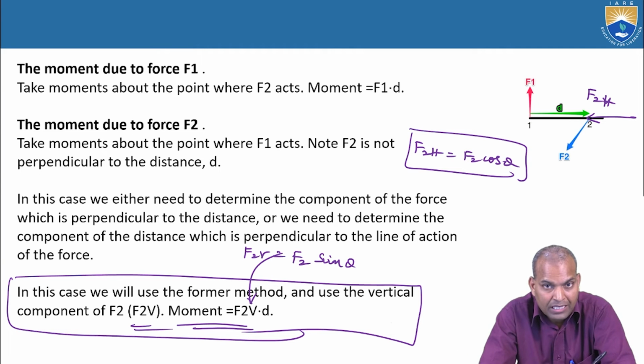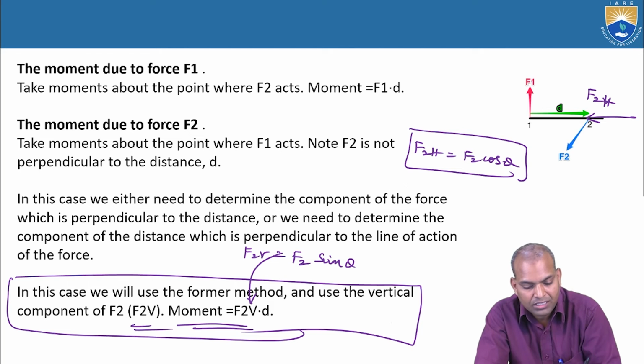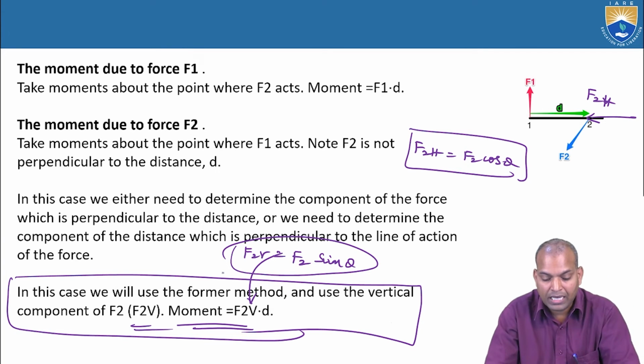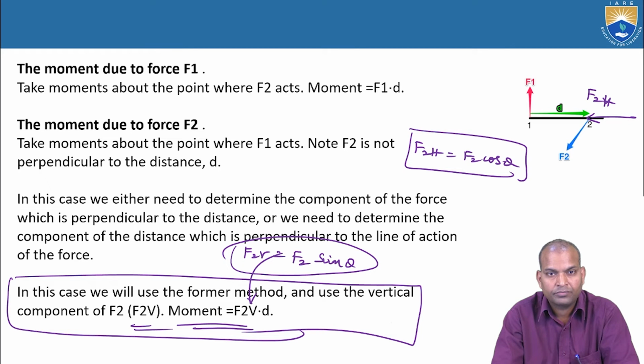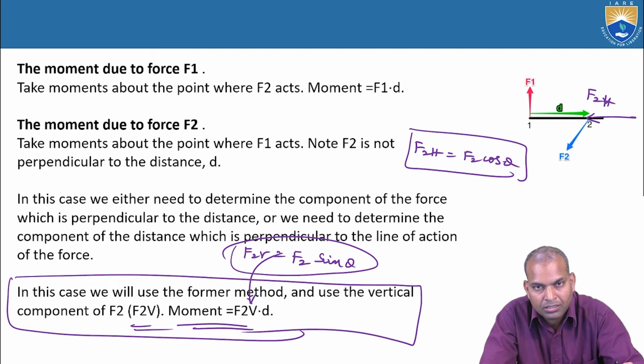But which component is making the body rotate? F2V, that is F2 sin theta, is making the body rotate in the clockwise direction. So that's why F1 and F2 are causing clockwise movements on the body.